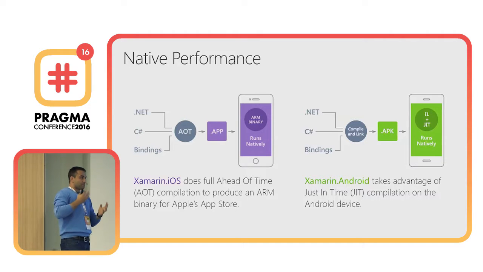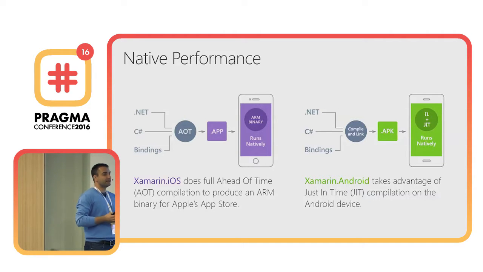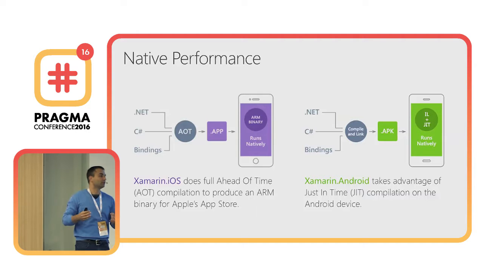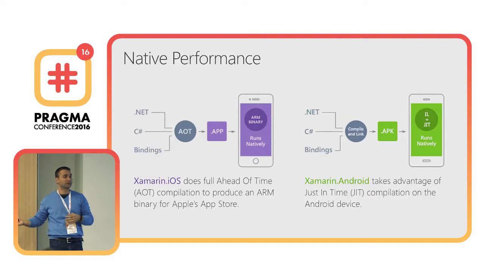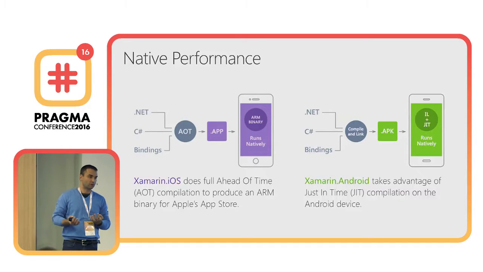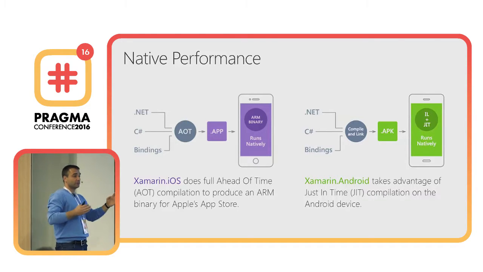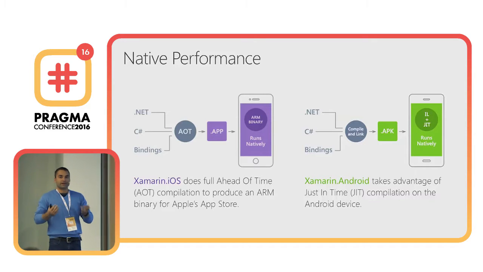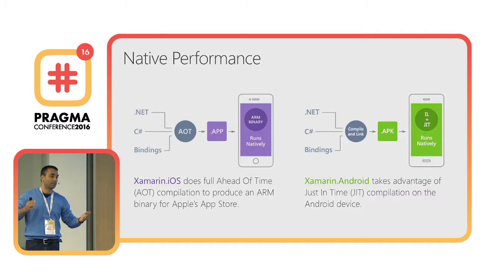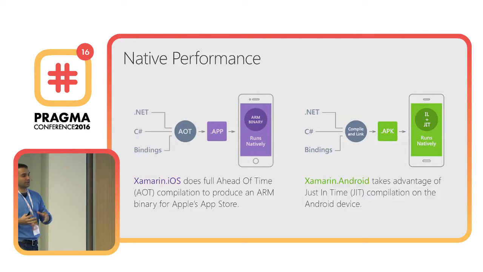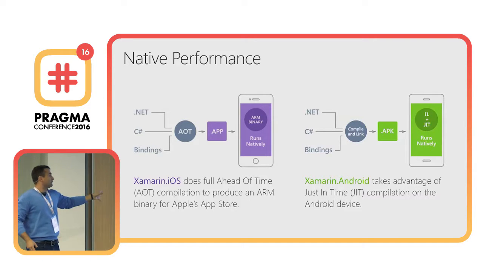So you can say that for the App Store, when you upload a package created with Xcode and a package created with Xamarin, there is no difference. There is a little bit of difference in the size, because, for example, if you add the JSON.NET library, it's only 1 megabyte. So once you add it, you just increased the size of your application by 1 megabyte. Everything is ahead-of-time compiled.